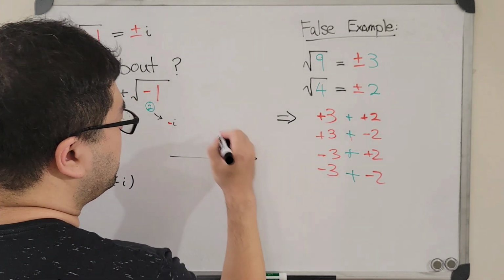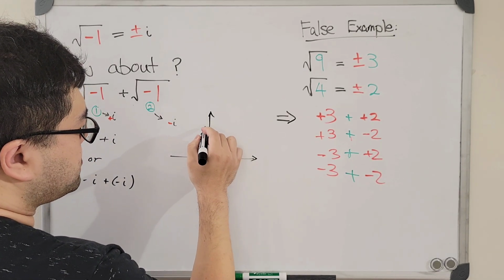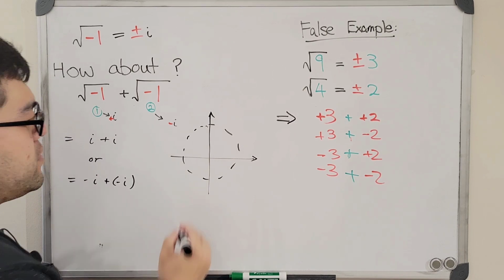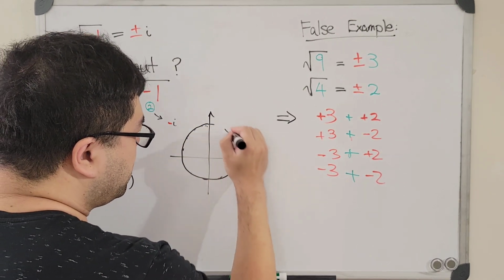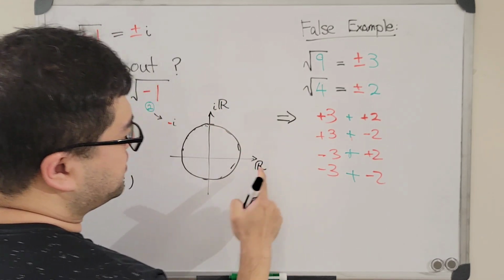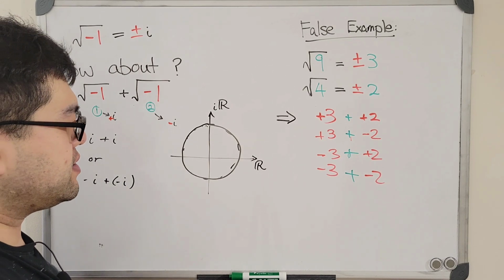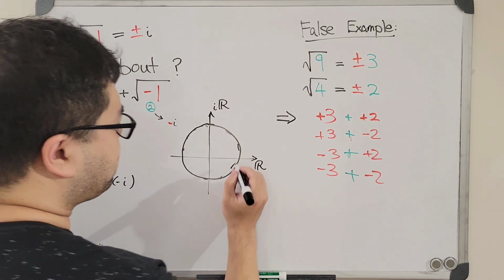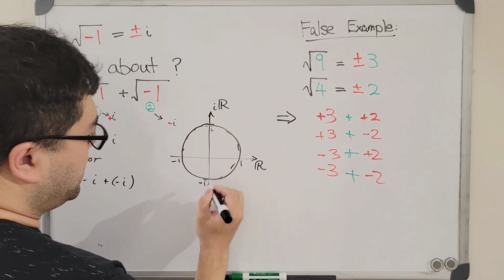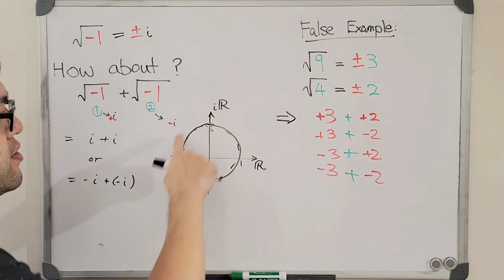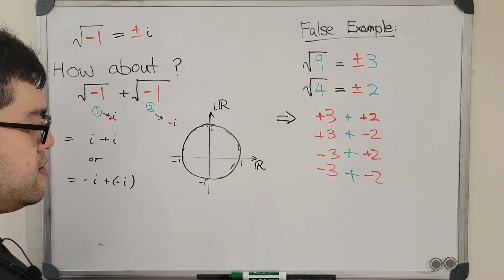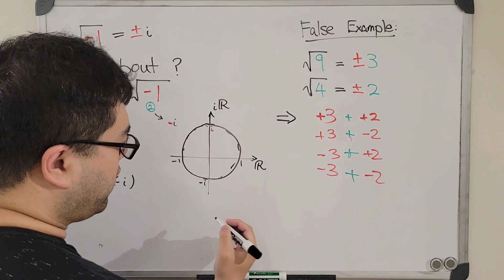For example, if we consider the unit circle here, where this part is the imaginary axis and this part is of course the horizontal axis, the real line, then we will have 1, i, -1, and -i here. If we try to consider all the points on the circle and do the branch cut, we will actually get the following.